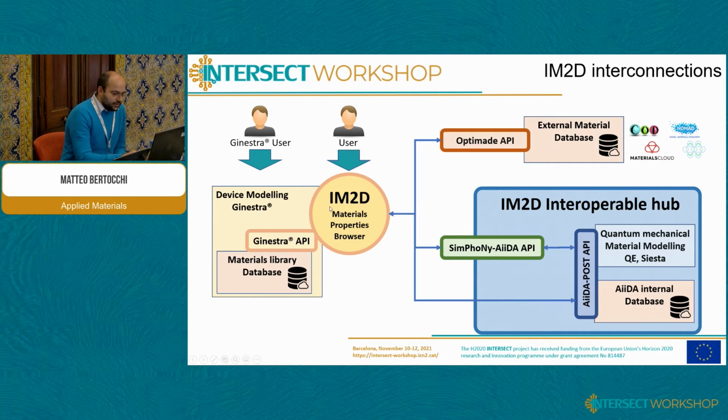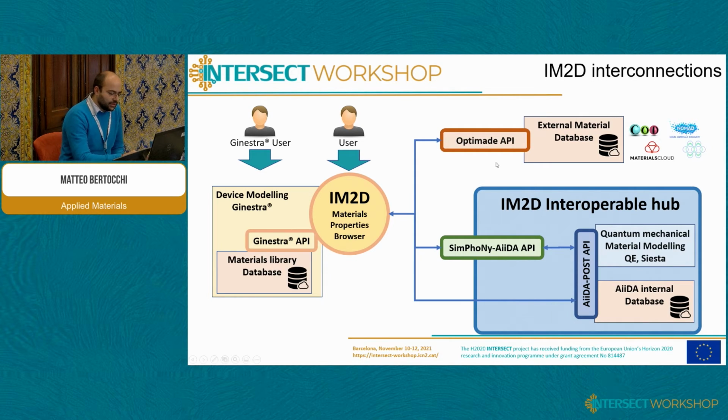As I said, it's fully integrated into Genestra, but it can communicate also with external material databases based on the Optimade API, and it can communicate with the IM2D interoperable hub that has been developed by Flaviano and Matthias.